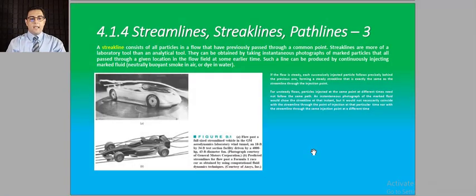Welcome back, guys. Here we have another concept, streak lines. It consists of all particles in a fluid that have previously passed through a common point. So we can just do it by photographing. It's a laboratory tool.